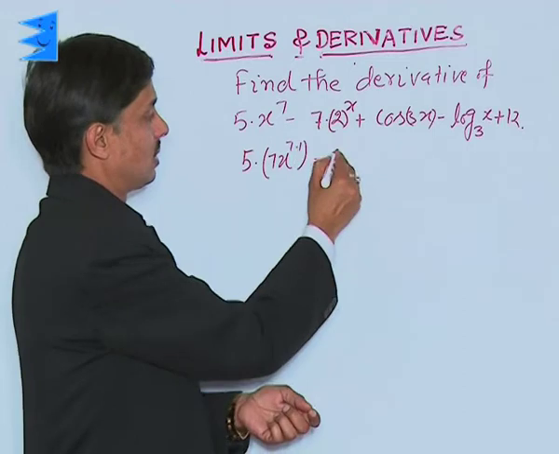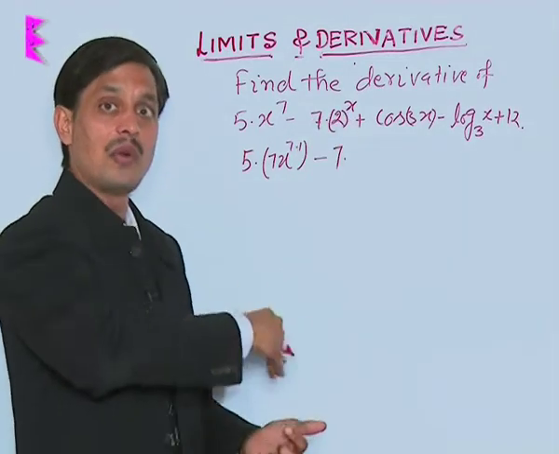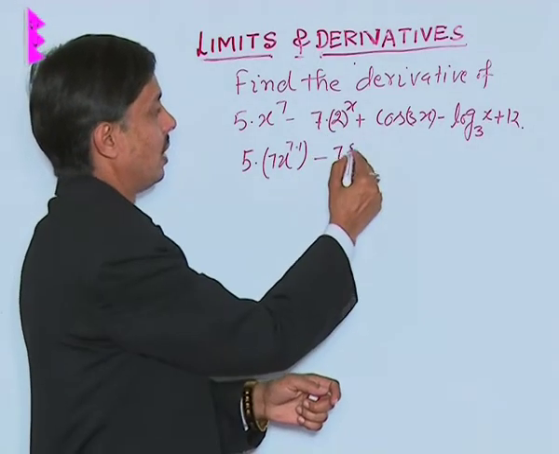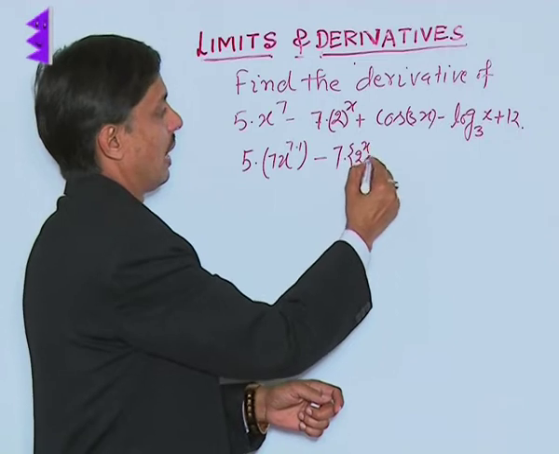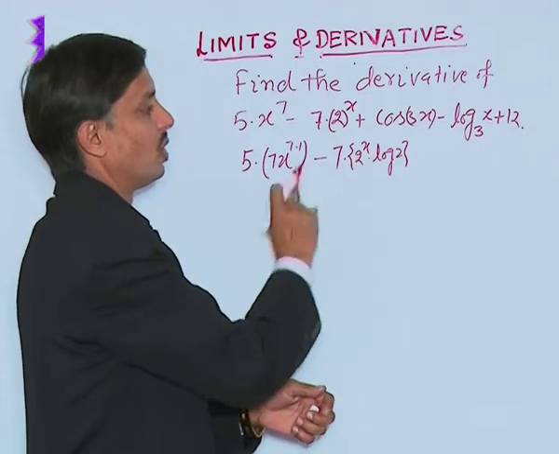Minus 7 is in product with 2 raised to the power x. The derivative of a to the power x is a to the power x into log of a, with base 2 here.